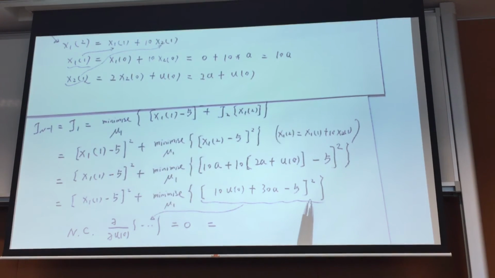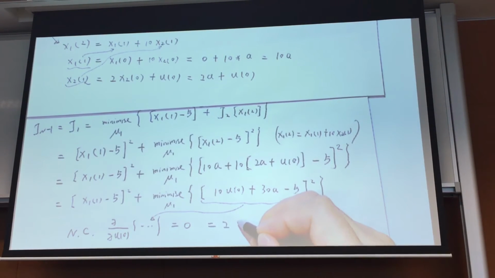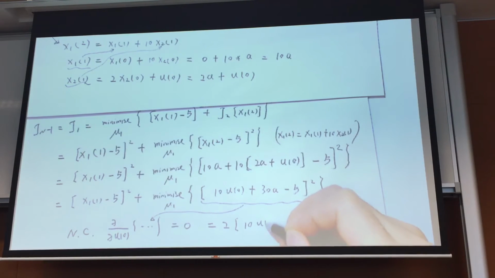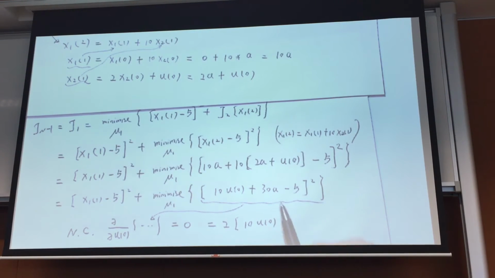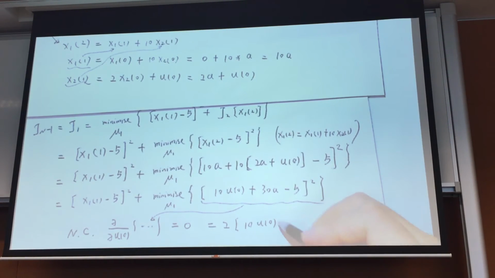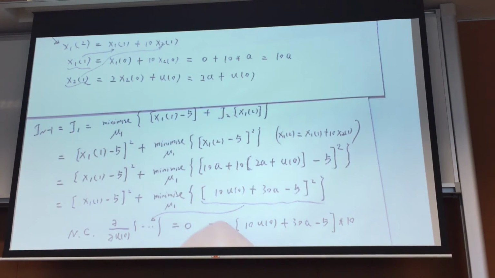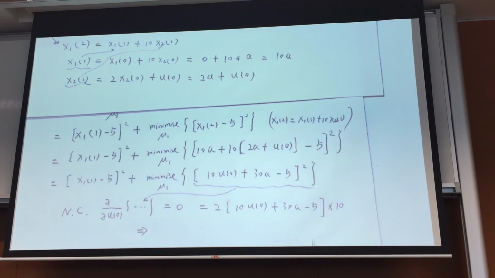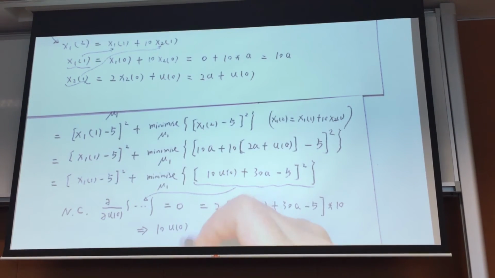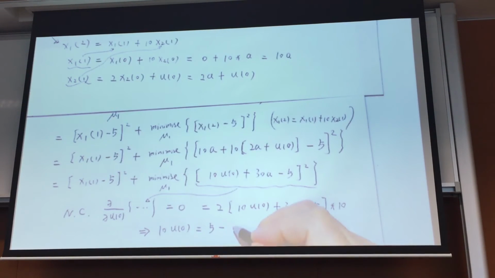So the derivative is given by 2 times (u0 plus 30a minus 5), multiplied by 10. So this is equal to 0. So we have 10 u0 equal to 5 minus 3a.